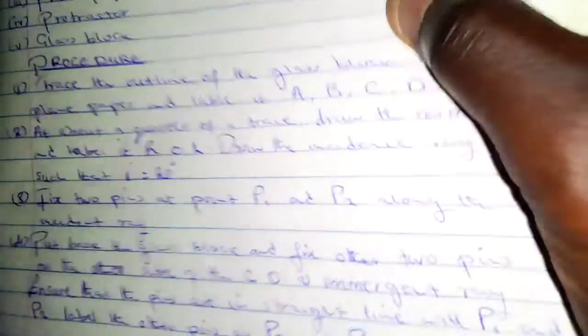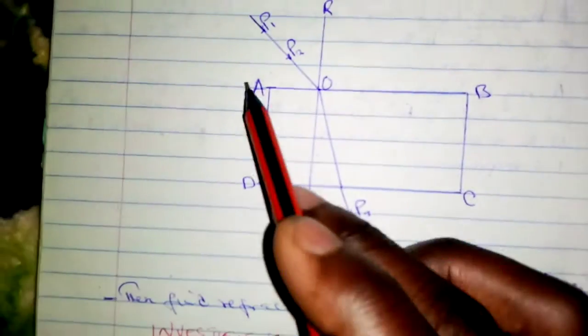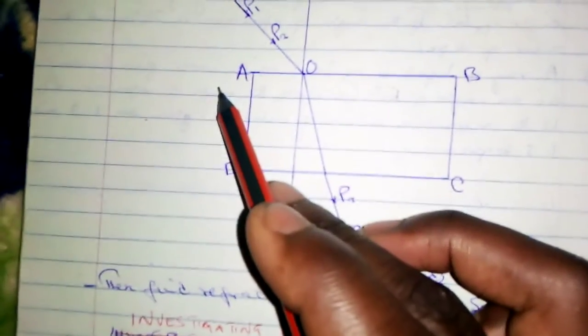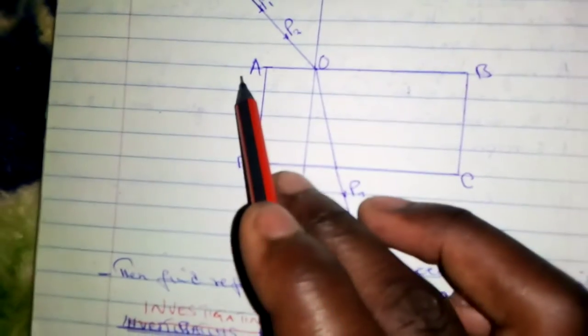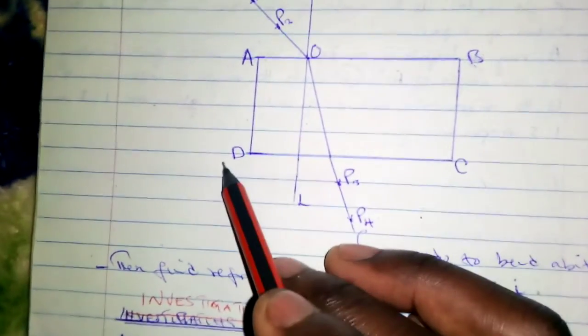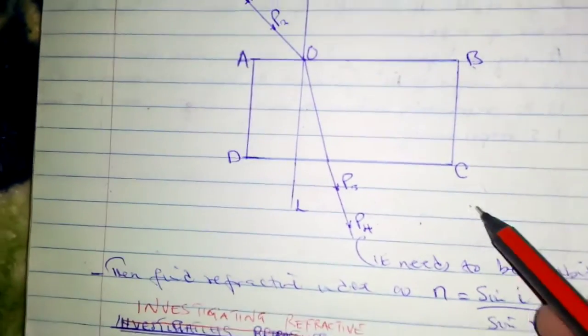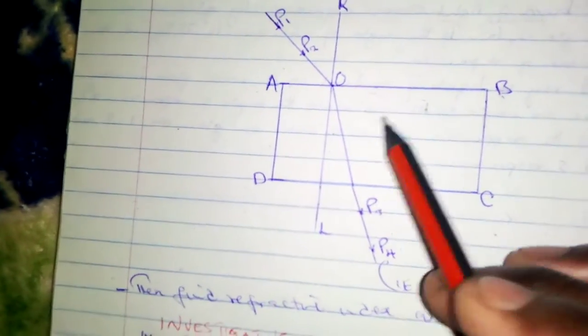So what do we mean when we say tracing? This is what we mean. So you trace something like this. You'll be given a glass block, then you trace it and label it A, B, then D, C. So first procedure, trace it.